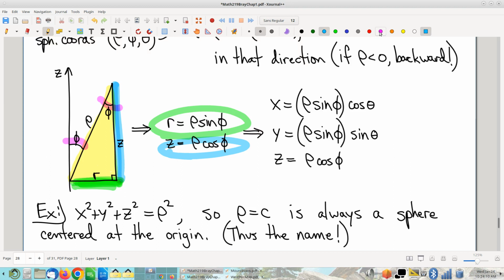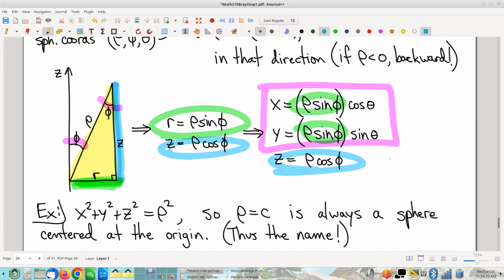Well, the formulas for x and y are r cosine theta, r sine theta, just like they are in cylindrical coordinates. And we have a formula for r. What is z? Well, we already know it's rho cosine phi. So very, very simple, I'm going to say memory even. It's not even a calculation.